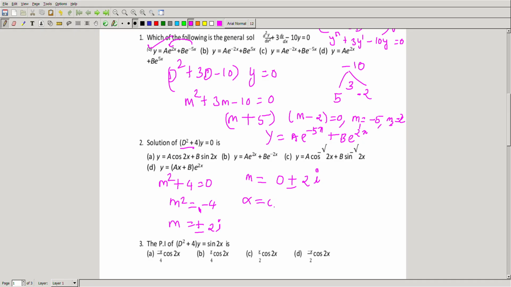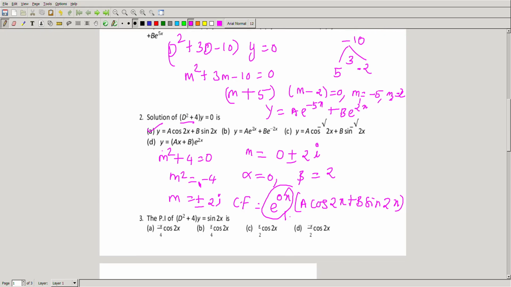So here alpha is equal to 0, beta is equal to 2. And your complementary function CF is equal to e power alpha x, that is e power 0x, a cos beta x plus b sin beta x, where beta is 2. Anything power 0 is 1, right? 1 into anything, you will get this answer. So where is this answer? A cos 2x plus b sin 2x. So A1 is the correct answer.